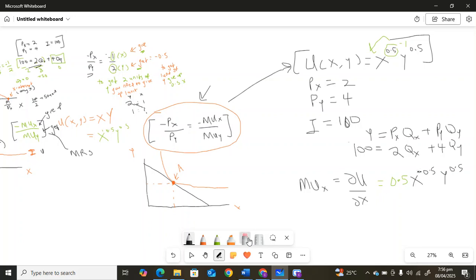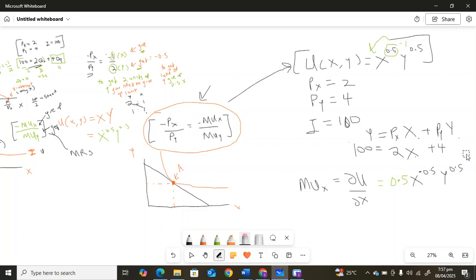Let me just use x and y to represent qx and qy, because there'll be some parts where we need to substitute, and using qx and qy might get confused.